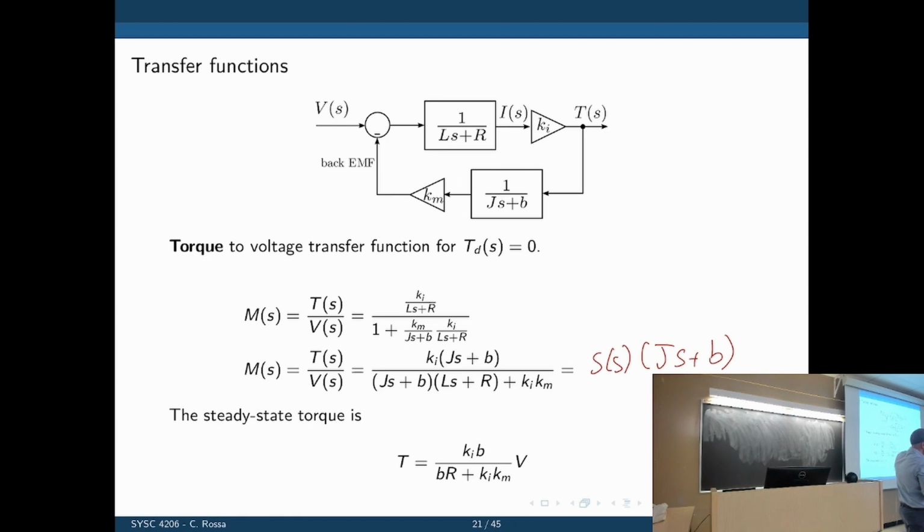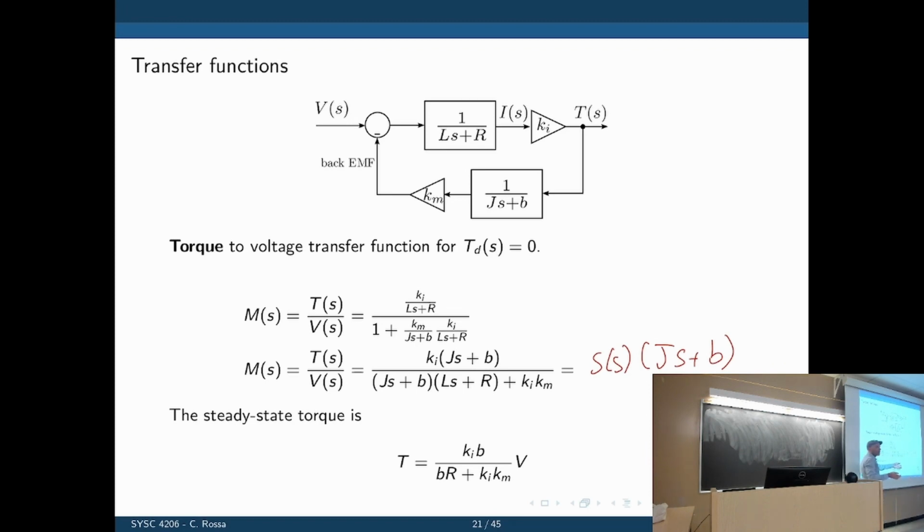We divided the transfer function by Js plus B. In other words, we added another cutoff frequency to the frequency response that now takes into account the friction and inertia. We added a pole to the speed transfer function compared to the torque transfer function, and that pole adds a cutoff frequency that depends on J and B.